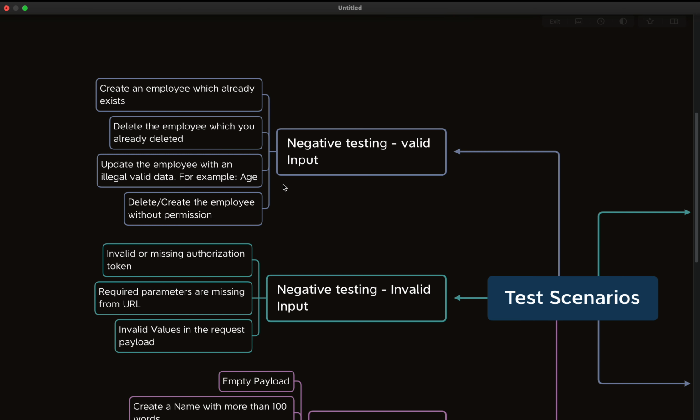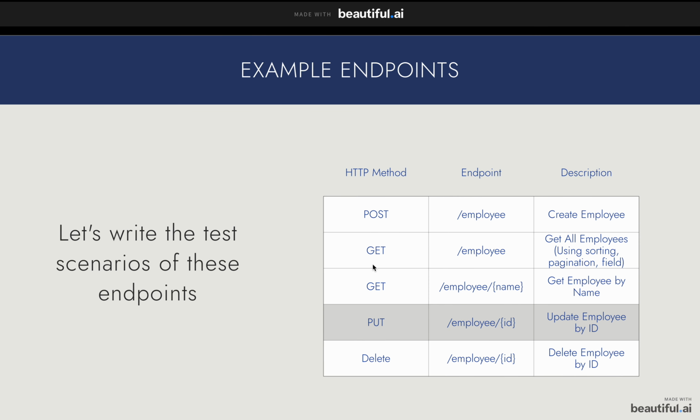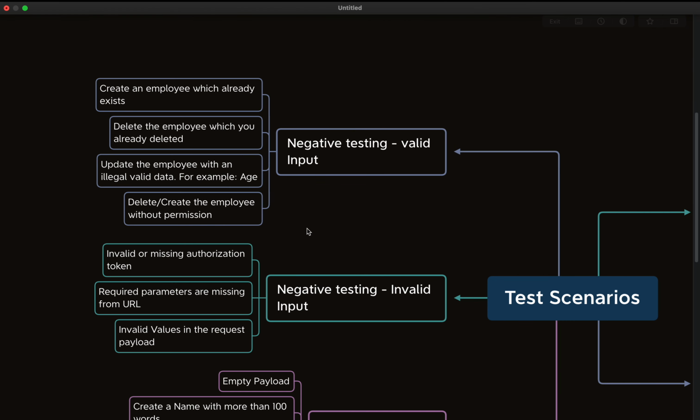Then you can check with age 19 and see whether you are able to create a resource. But 19 is a valid number, right? It is not invalid, so you can check these things. Then you can delete or create the employee without permission, if there is any authorization or authentication in the request. So you can check that in the negative testing with valid inputs.